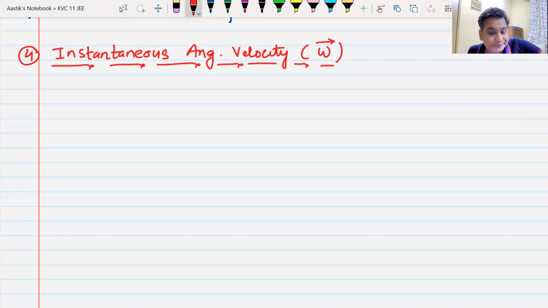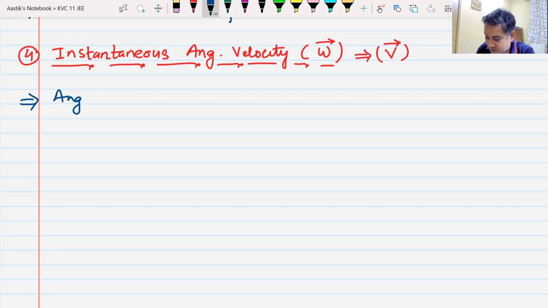It is similar to instantaneous velocity. Velocity at any instant was instantaneous velocity. So what is instantaneous angular velocity?